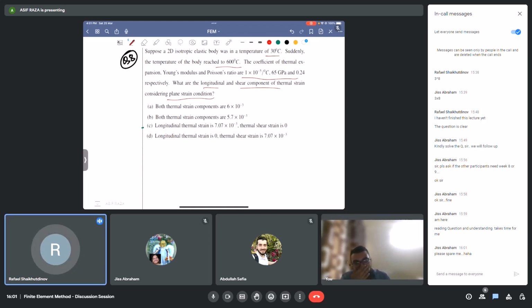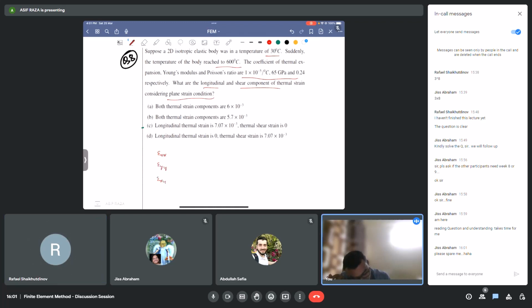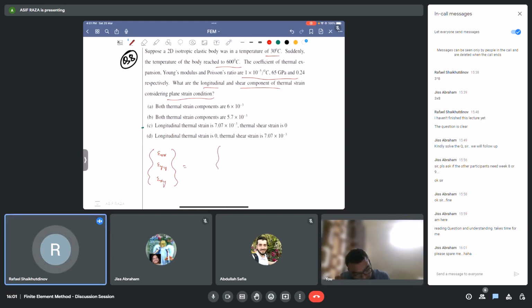I believe a formula like alpha multiplied by delta T. Delta xx is equal to alpha delta T. Delta yy is equal to, we need to use... I just wanted to say that it might be the case of the Poisson effect on delta yy, but I remember that there is no such case for thermal expansion.